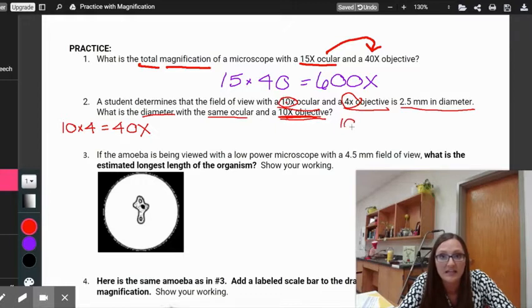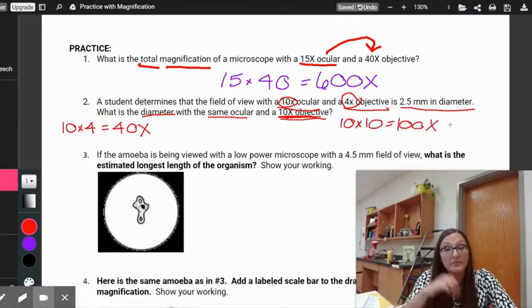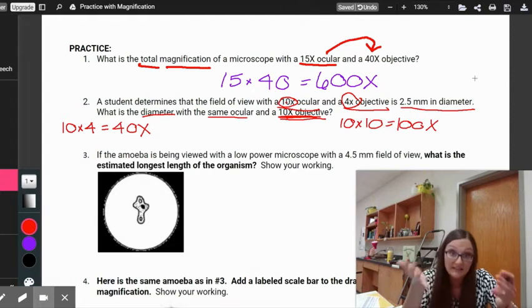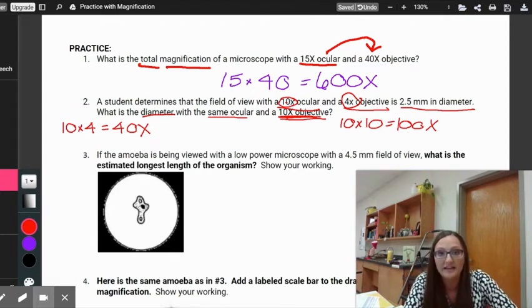So there's 10 times 10, and you get 100. And so that's going to be your high power magnification in this problem, okay? And then it also asks you about diameter. So it gives you a diameter, and then it asks you what the diameter of the field of view would be with this magnification now.